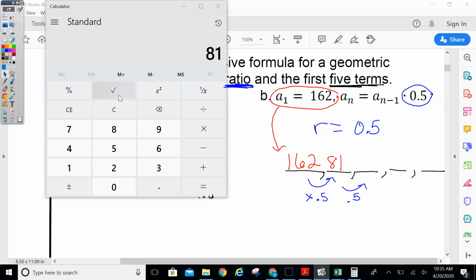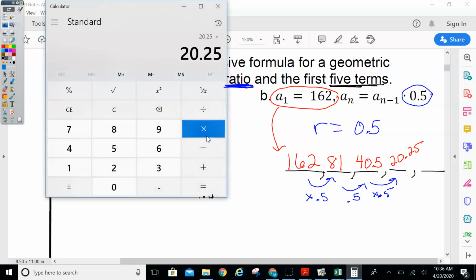So now I multiply by 0.5 again. And I get that the next one, the third one, is 40.5. And I am going to start getting some decimals. So from here to here, I multiply by 0.5. So times 0.5. And I get 20.25. And then one more time, times 0.5.